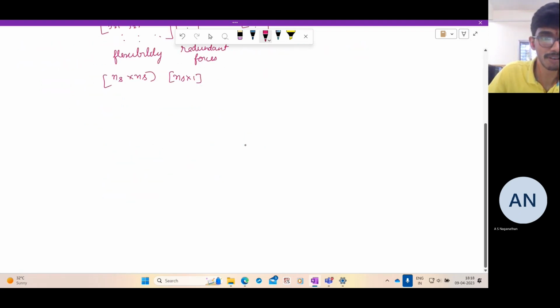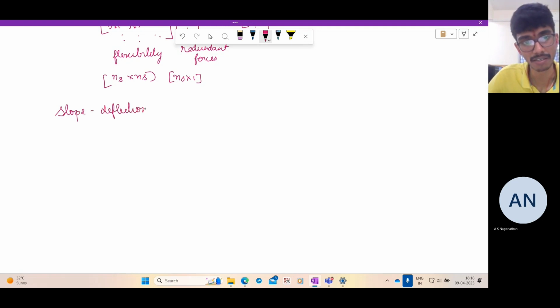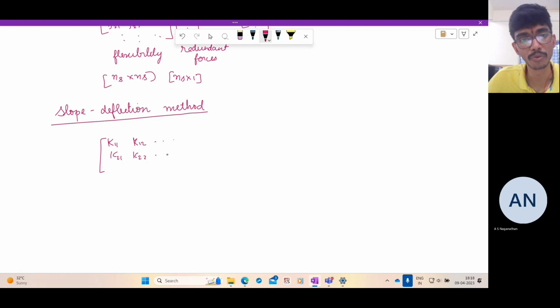And what did we have in the slope deflection method? So in the slope deflection method, we had what is called the stiffness matrix. Let us call it K11, K12, K21, K22, and so on. We had the rotation at intermediate joint.